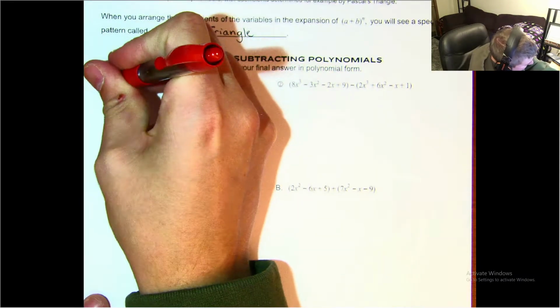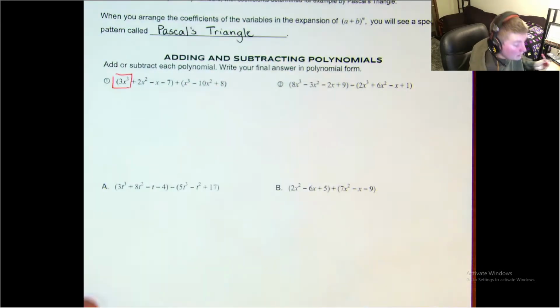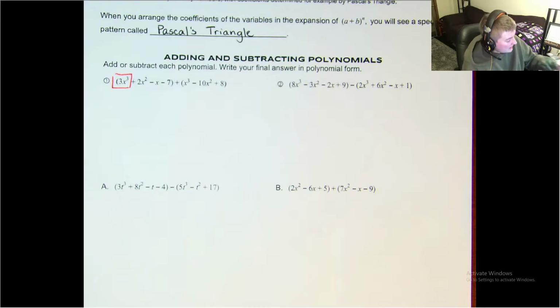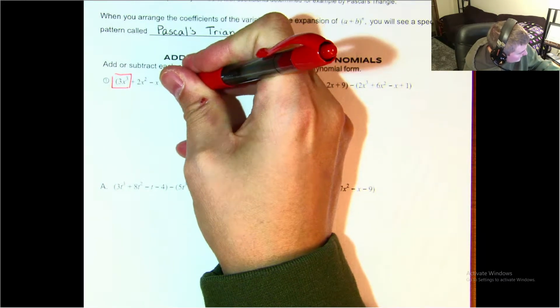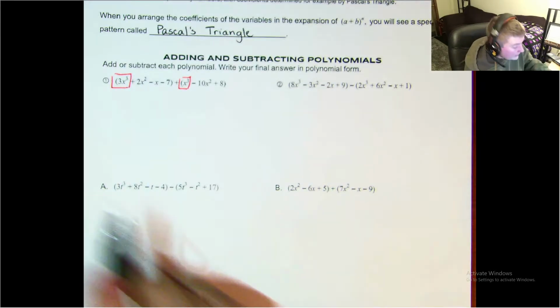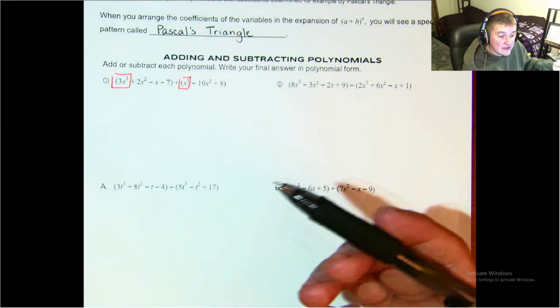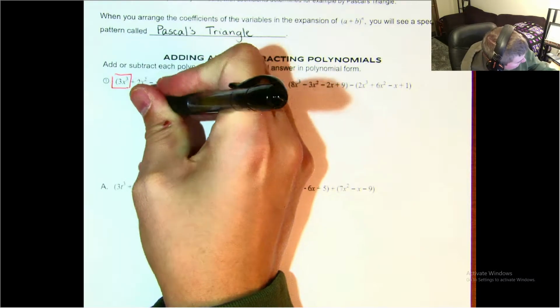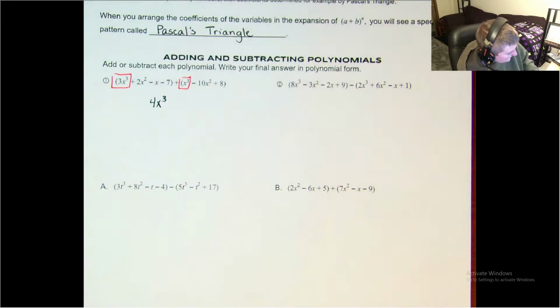For example, 3x to the third power is only going to combine or add to other terms that are x to the third power. Otherwise, they're not like terms, and they can't be combined. So the only other thing that's going to combine with it is x to the third power. So 3x to the third power plus a positive x to the third power, that's just going to be 4x to the third power.